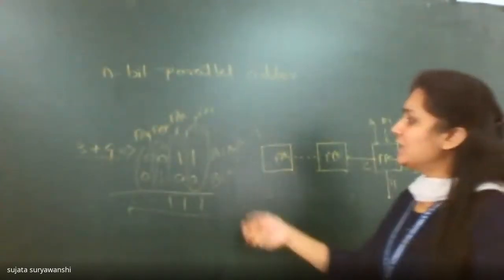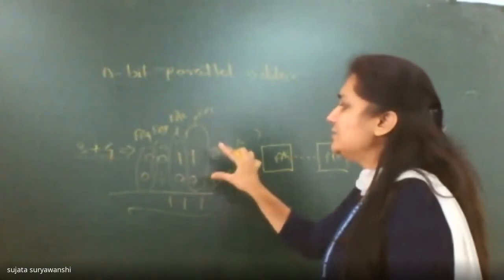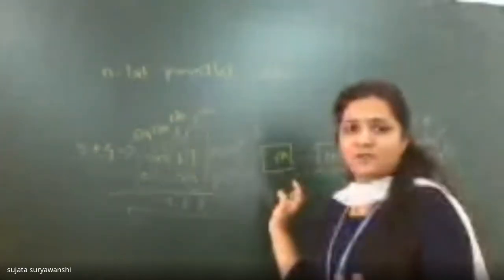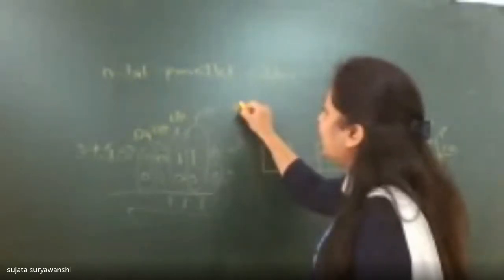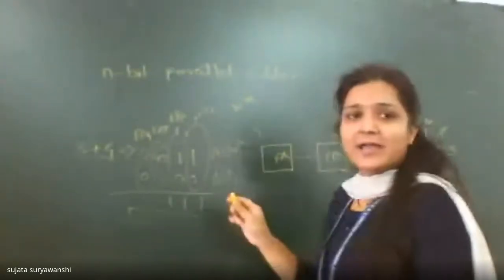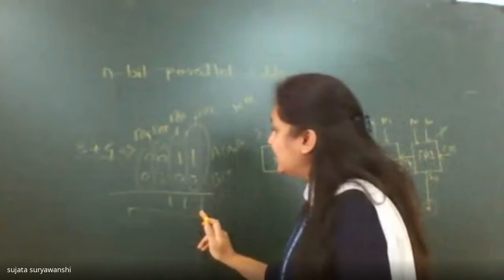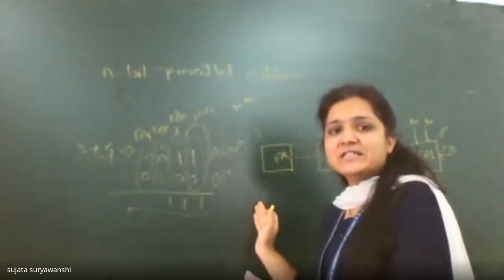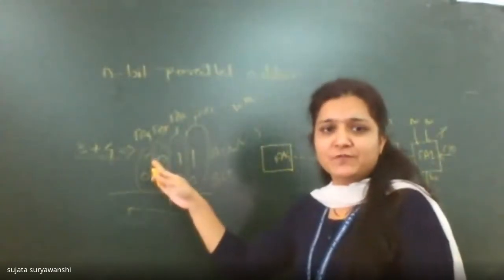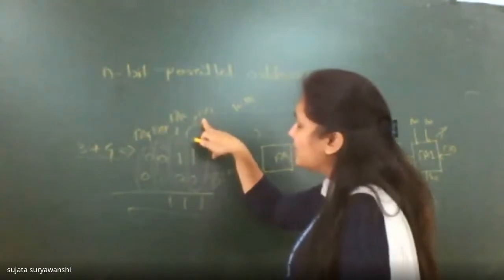Suppose here two inputs are there and you have to use this full adder, a 4-bit binary adder. Suppose a total of 10 microseconds is required to travel the carry generated from the previous addition to the next full adder.